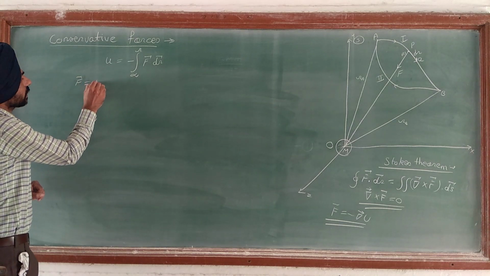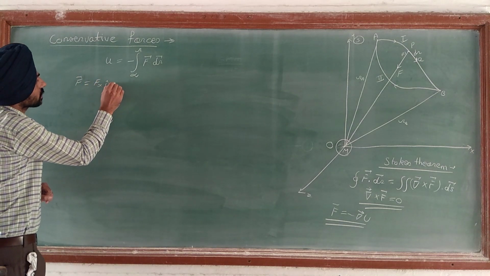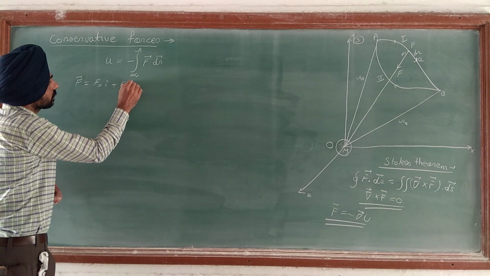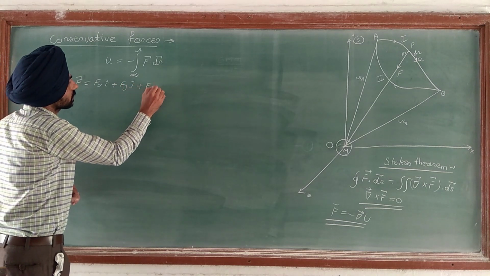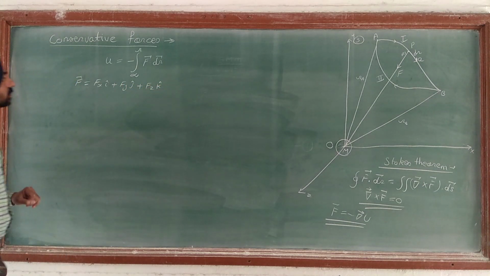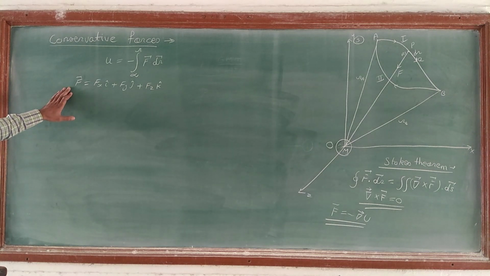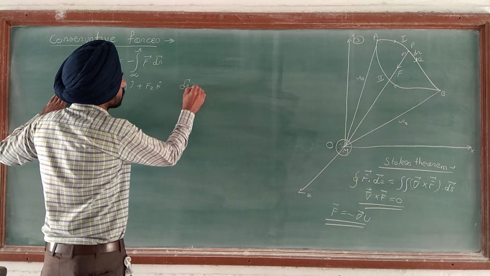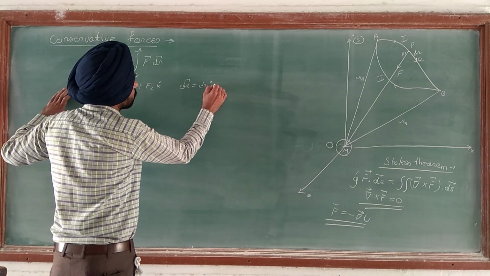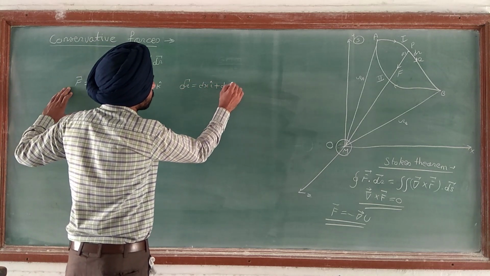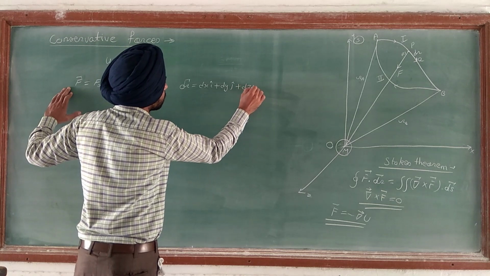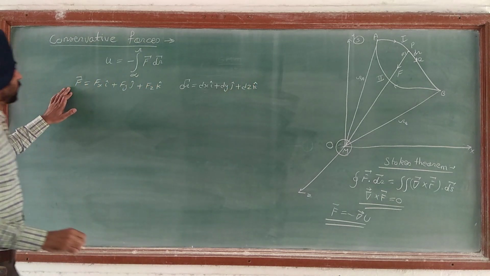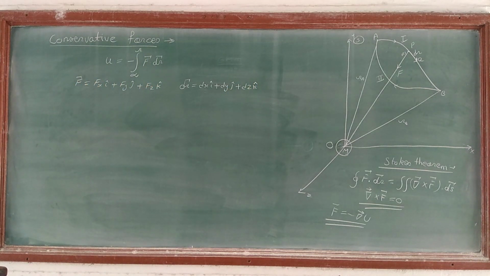Now, what is this F? F is Fx i cap plus Fy j cap plus Fz k cap. This is the force in terms of components, and vector dr is dx i cap plus dy j cap plus dz k cap. We write F and dr in terms of their x, y and z components.